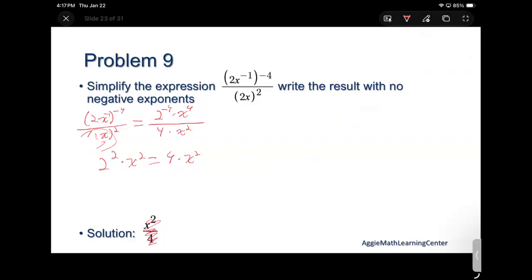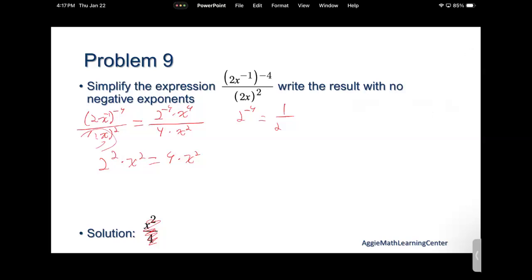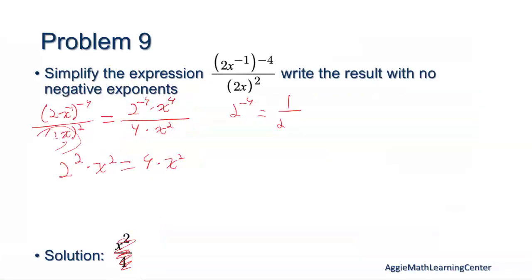So we know that 2 to the -4th is equal to 1 over 2 to the 4th, which is equal to, what is 2 to the 4th? 16. So we've got 1 over 16 times x to the 4th, right? And we can just rewrite this as x to the 4th over 16.